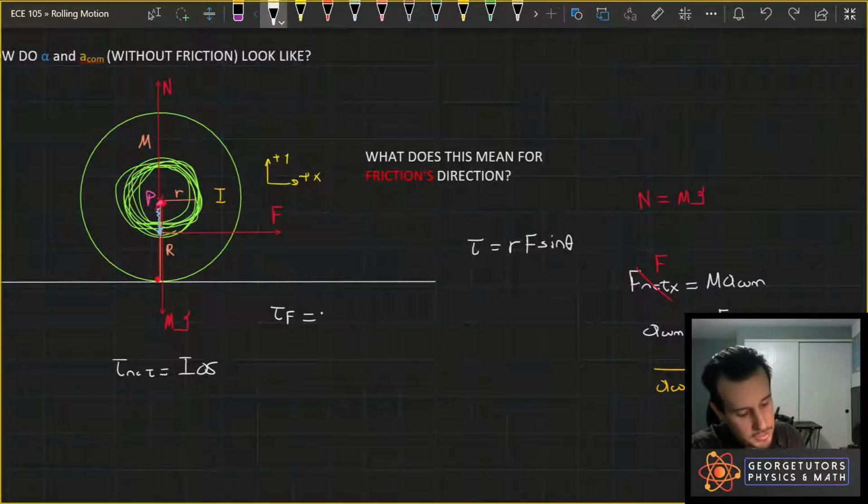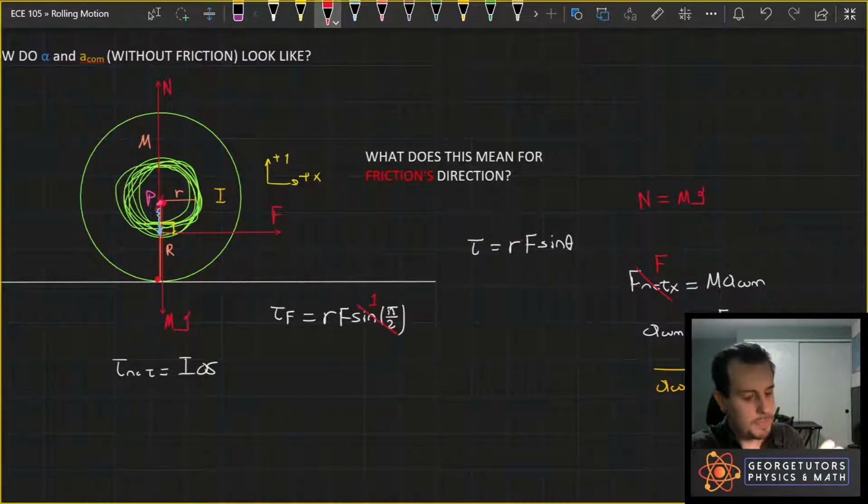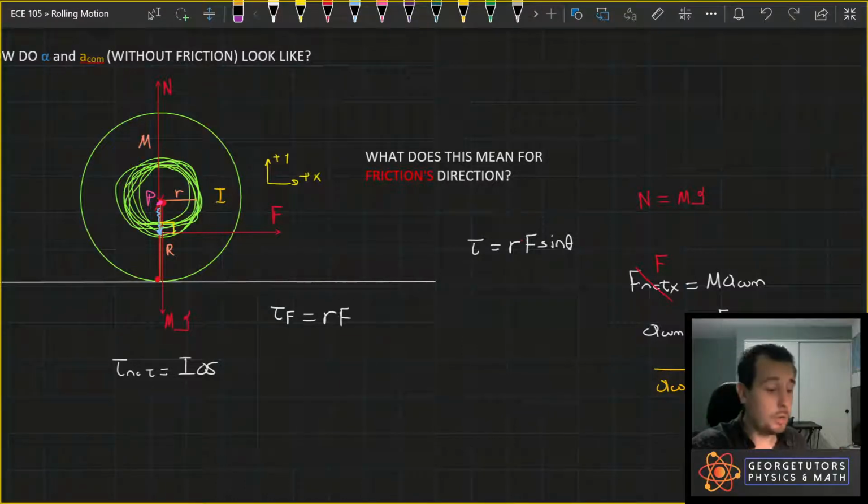So that's what we're going to fill in here. The force itself is capital F, while the angle that the R vector and F make right now, you can see on the diagram, is going to be 90 degrees. So we put in sine of 90, or sine pi over 2. Sine pi over 2, very easy. That's just going to be 1. So basically this term goes away, and you're left with just rF.